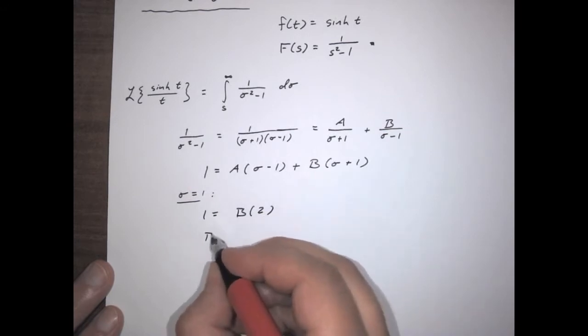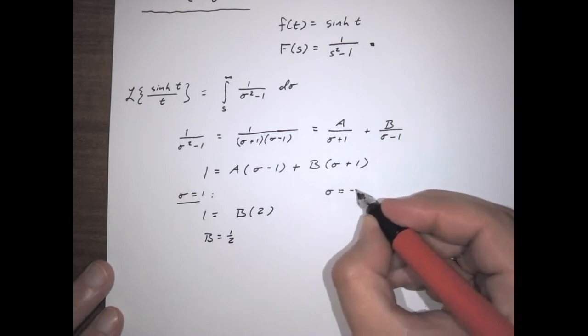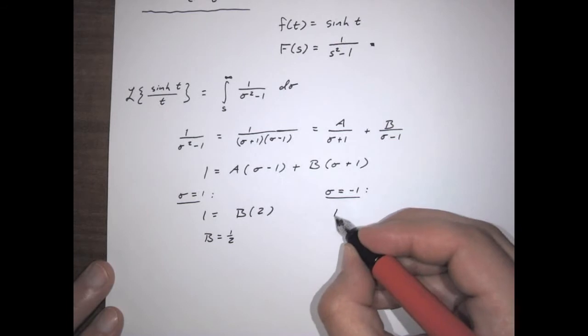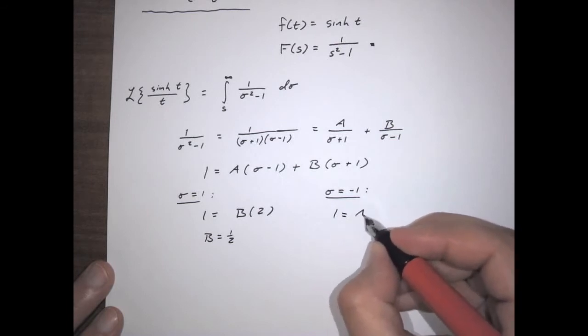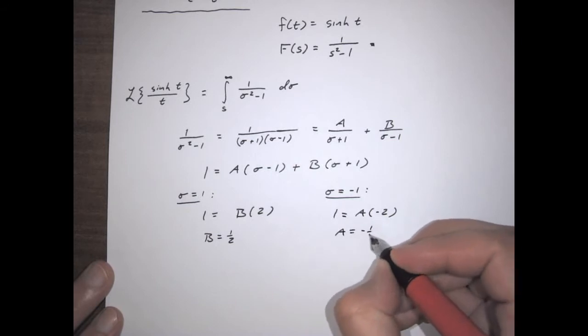So that means b is going to equal 1/2. Alternatively, if sigma equals negative 1, that's going to give us now 1 equals a times negative 2, which means a is going to equal negative 1/2.